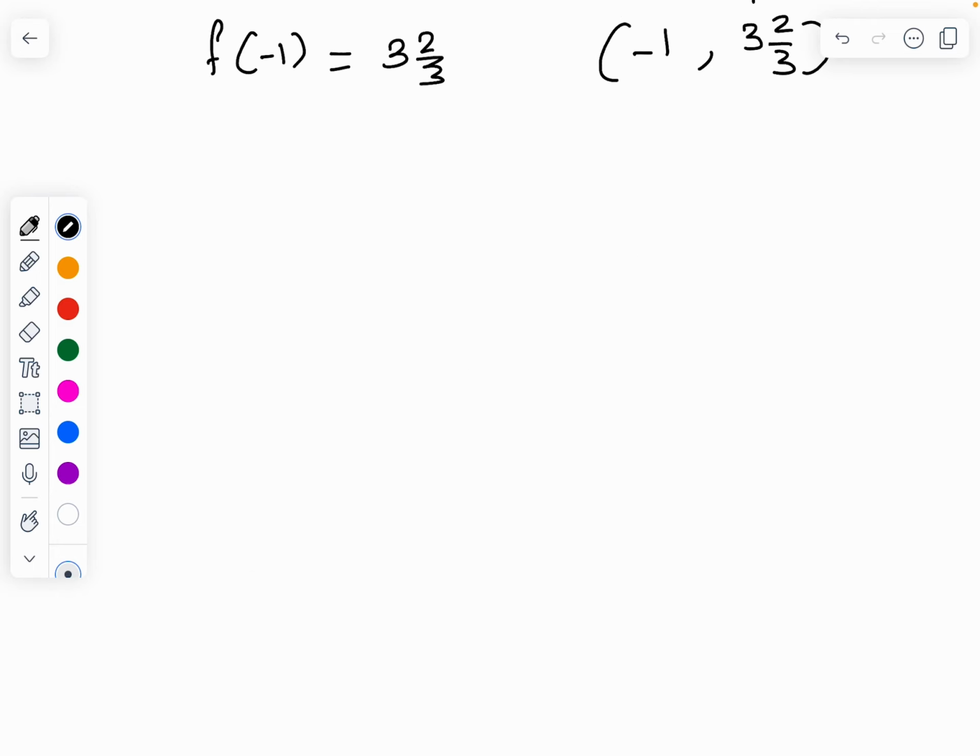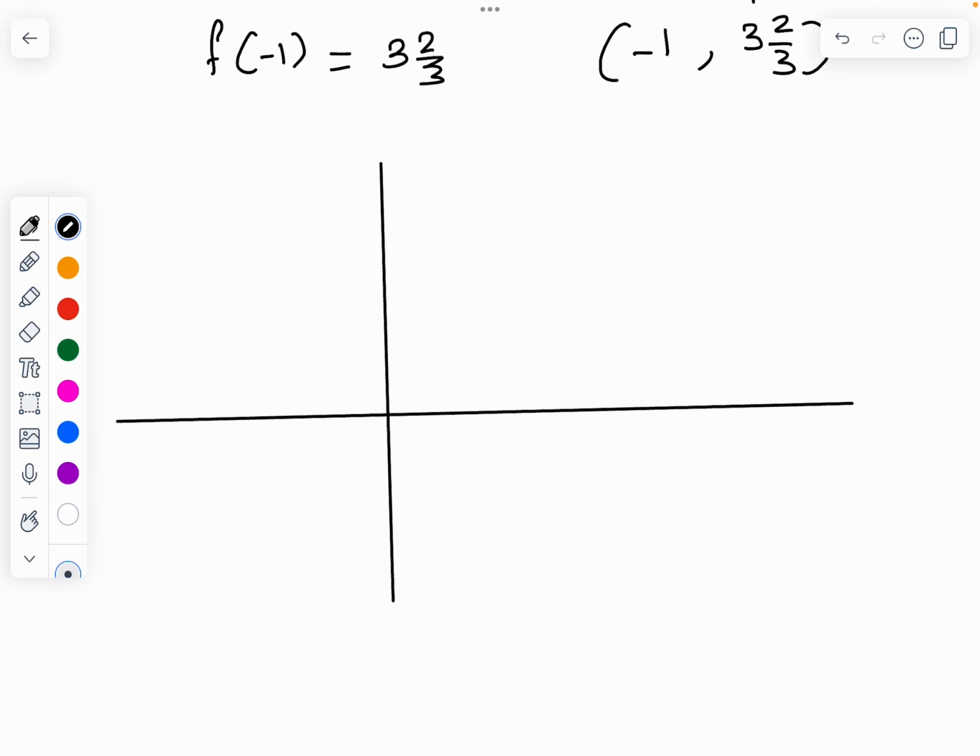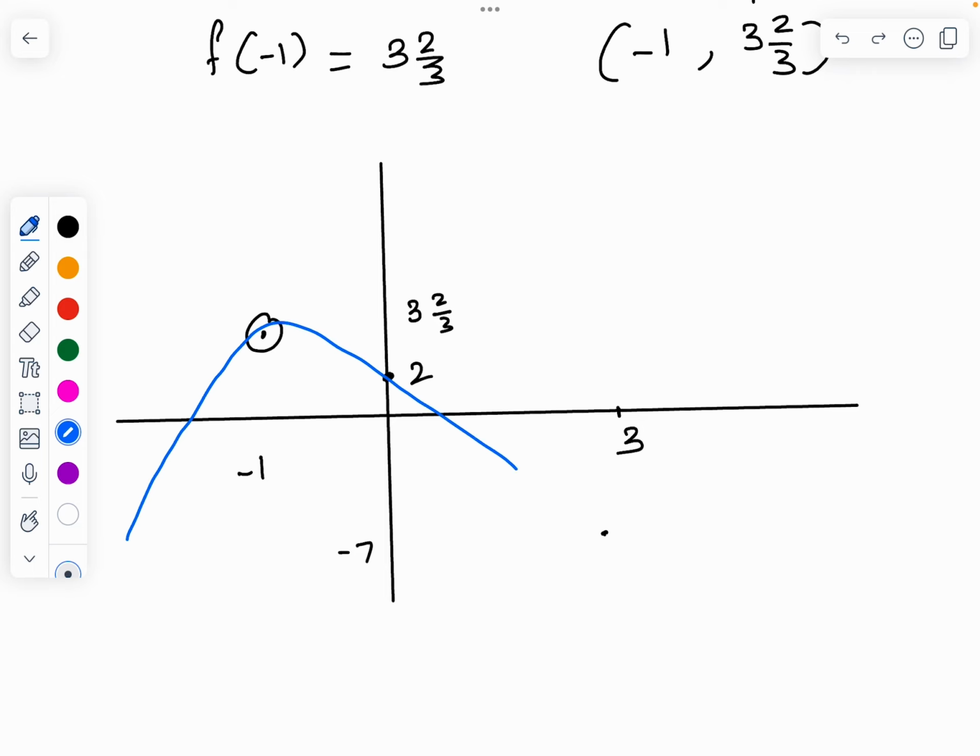So therefore (-1, 3 2/3) is a stationary point. So we'll try to sketch the graph. (-1, 3 2/3) will be a stationary point, and (3, -7) is a stationary point, and f of 0 is 2. So joining all these, it should be a curve in this way, passing through (3, -7).